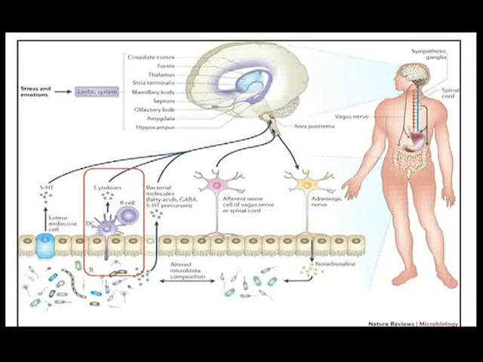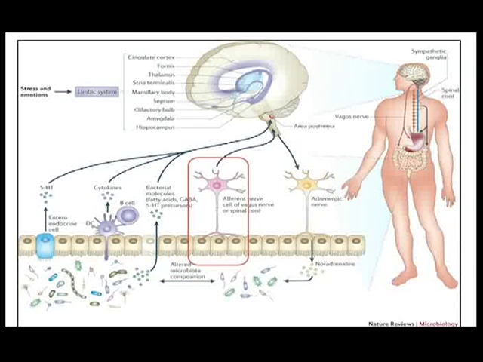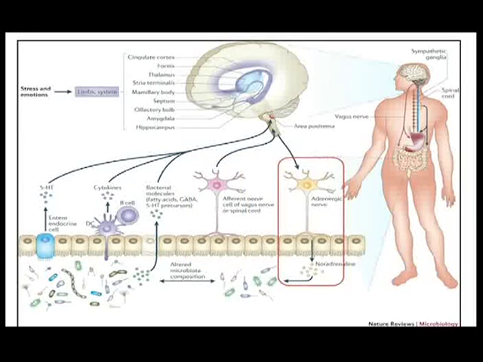Cytokines produced in the gut go through systemic circulation to the brain. Bacterial metabolites that I was talking about can cross and go to the brain. And the brain can be altered through activity of the vagus nerve. And finally, there's also nervous stimulation coming down into the gut.